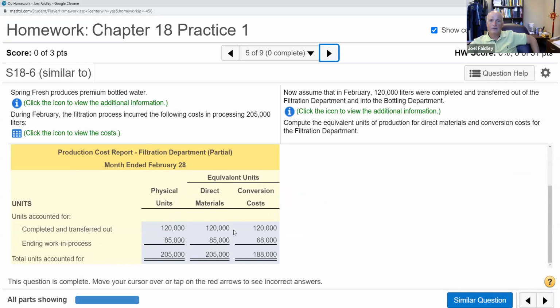All right, so this is introducing a new concept about how do we account for these units. This is going to make more sense when we get to the very last self-assessment. I think I've written that on here somewhere. The production cost report. This is only one part of the production cost report.